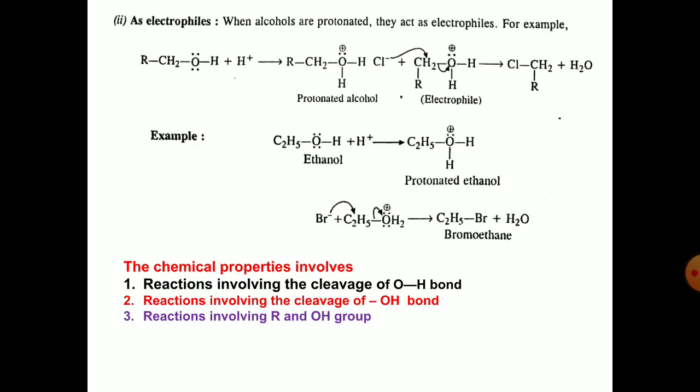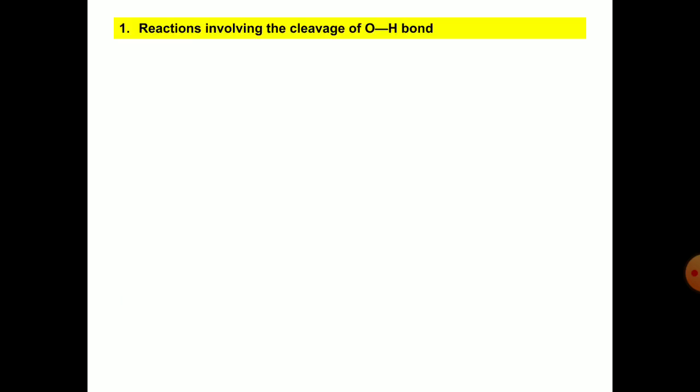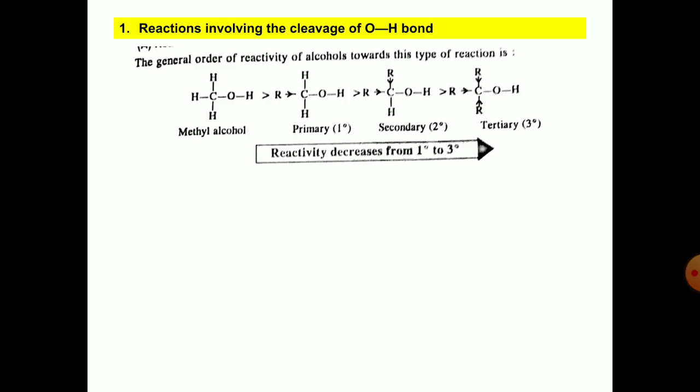Students, in this class we shall discuss the reactions involving the cleavage of the O-H bond and the reactions involving the cleavage of the C-OH bond. First, the reactions involving the cleavage of the O-H bond. Students, you see the alcohols below, where methyl alcohol and any primary, secondary, and tertiary alcohol is given.